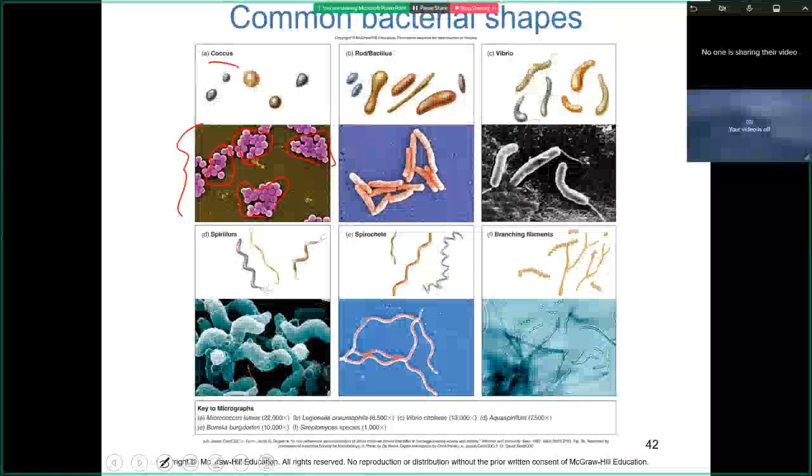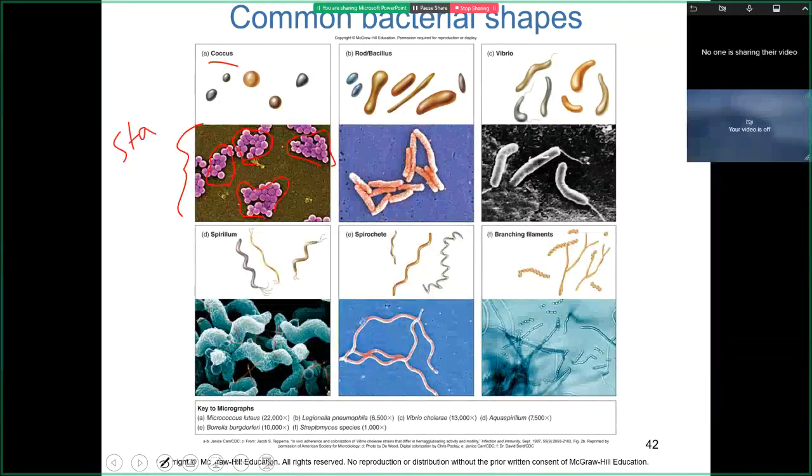Coccus is the morphology, but the arrangement in this case is described as staphylo, right? And there's a genus of bacteria, Staphylococcus aureus and others. That name actually tells us the shape, the morphology, and the arrangement, all in one.